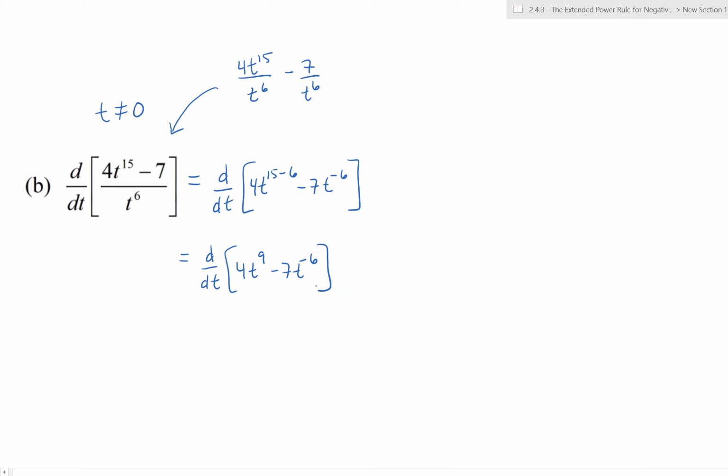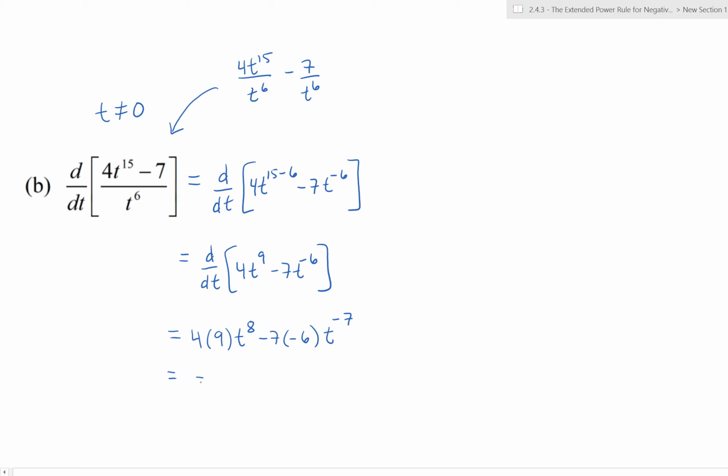And now we can see we can just differentiate term by term using our extended power rule, which gives us, well, let's do it. 4 times 9 times t to the 8th for the first term, and then minus 7 times negative 6 t to the negative 7th power, right? Power rule, power rule.